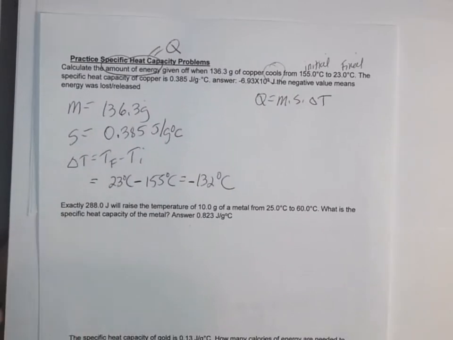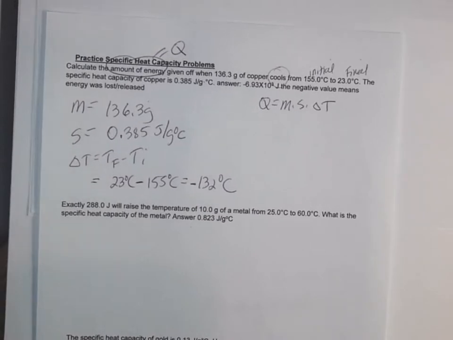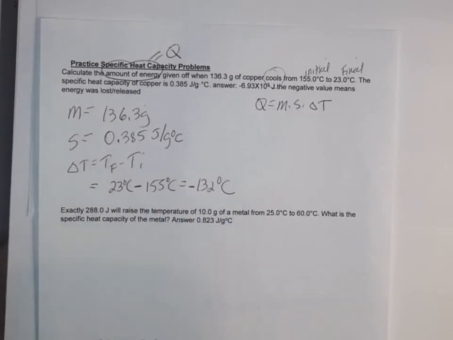Instead of absorbing and increasing its temperature, it actually got cooler. This happens too, like when a brick house heats up all day and then you go by it at night, you can just feel all that heat being released. That would also be a negative energy, meaning it's being released.